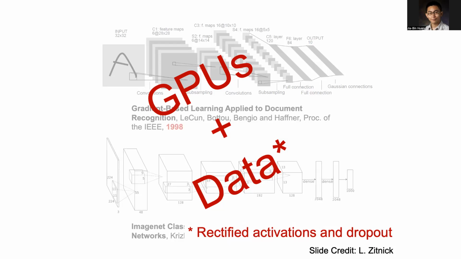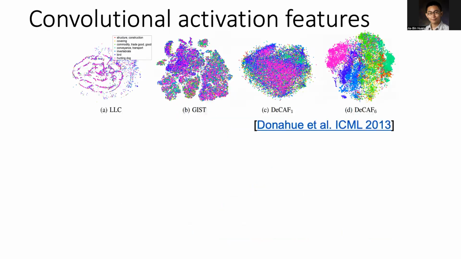All right, so it turns out it's very, very good. If you visualize the features extracted from these images, at that time people were amazed by how good these features are, without a human in the loop to design them. These are the human-designed features. Each color indicates a different type of image.